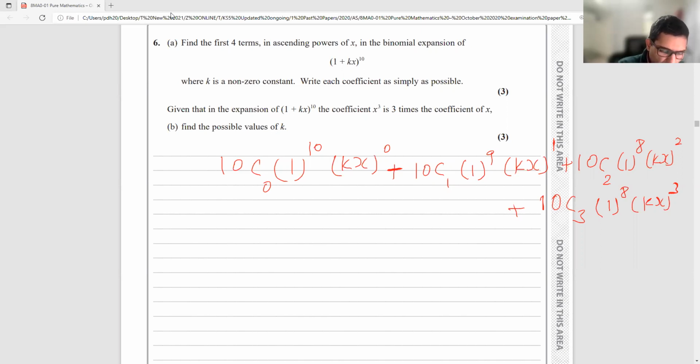So 10c0 is 1. So we get 1 plus the next one. I think I'm getting 10kx. Now remember, when we are doing this kx to the power 2, we get k to the power 2, x to the power 2 as our answer, right?